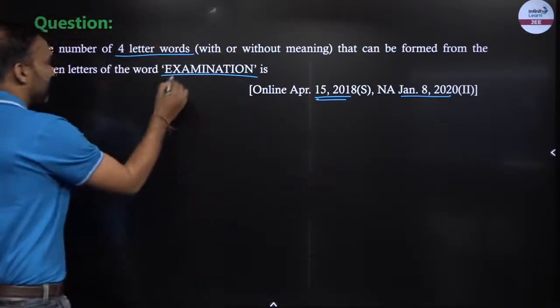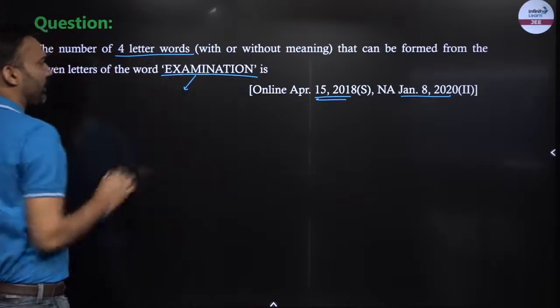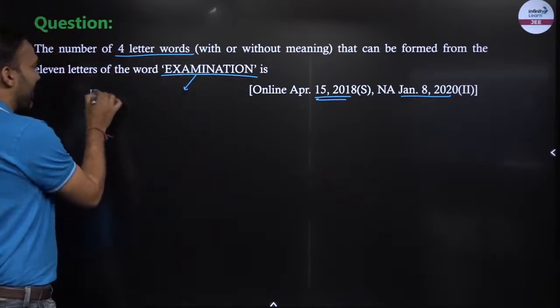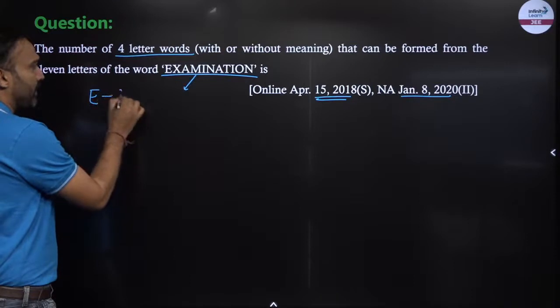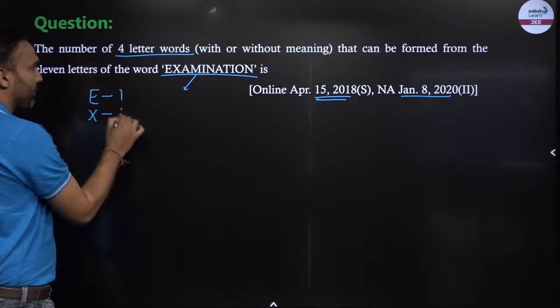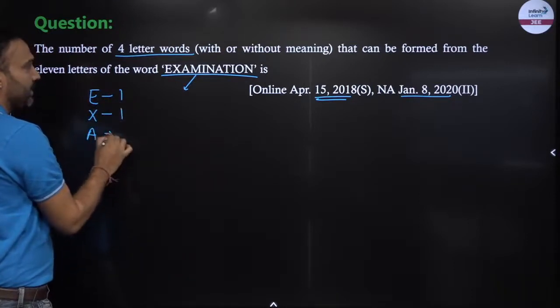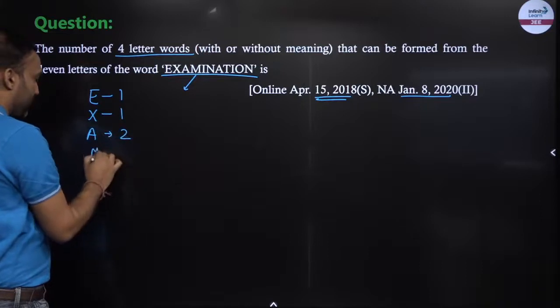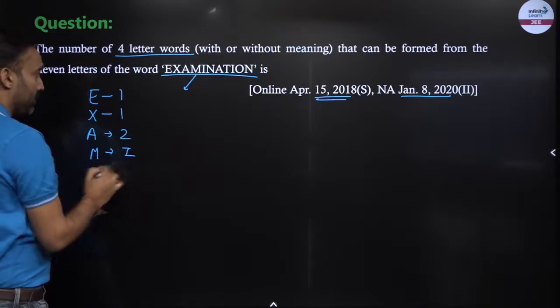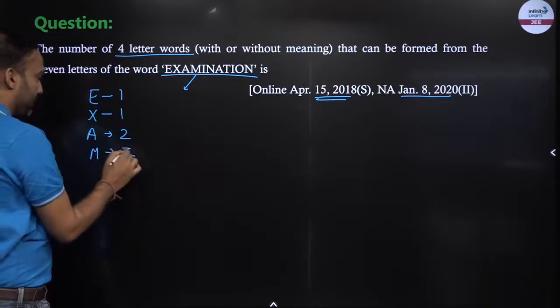So let us categorize all the alphabets. I have E. How many times do I have E? Only 1. X, 1. A, I can see 2 A's. M, 1.